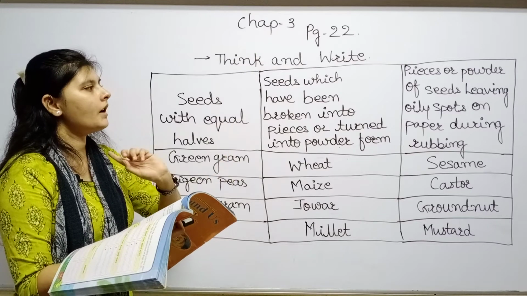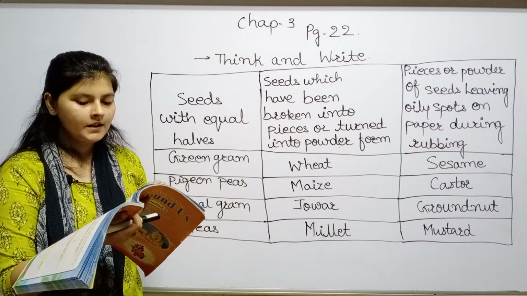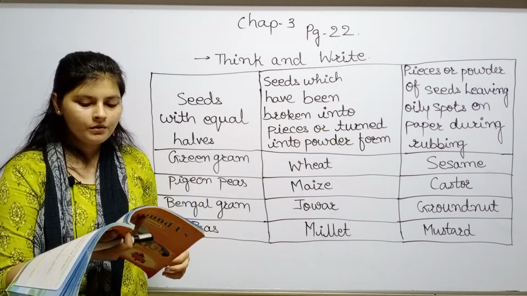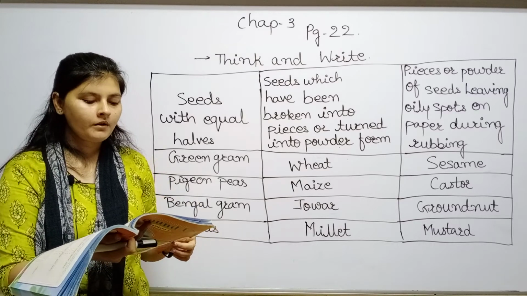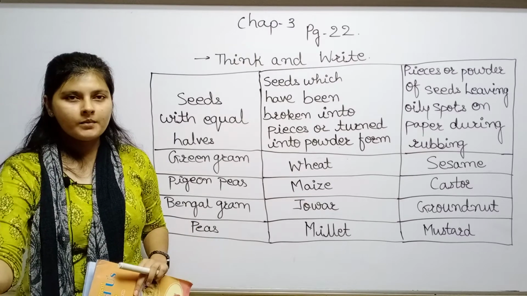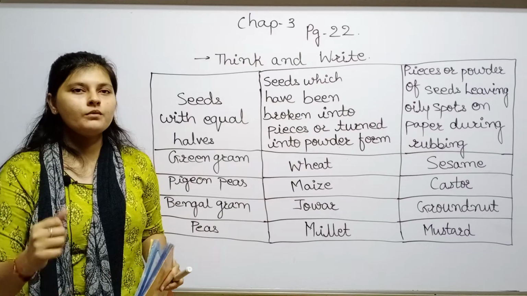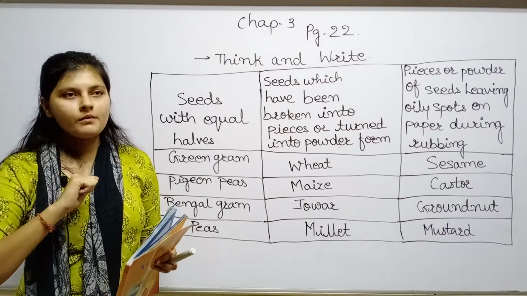Then you have to rub all the seeds, those that have broken into equal halves or turned into powder, on a piece of paper. Take the seeds that have divided into two halves, and the seeds that came into powder form, and rub them on the piece of paper.